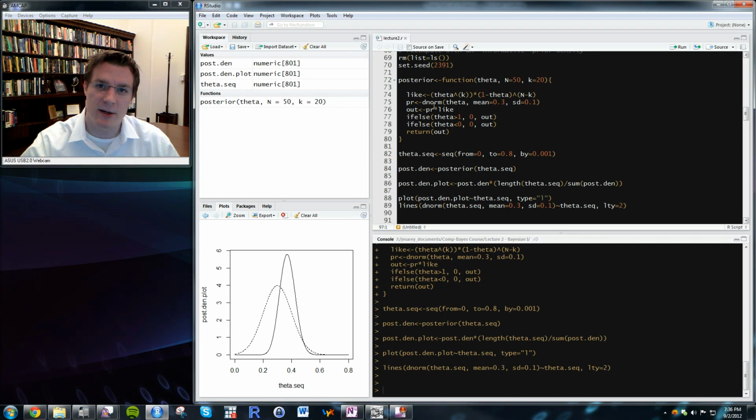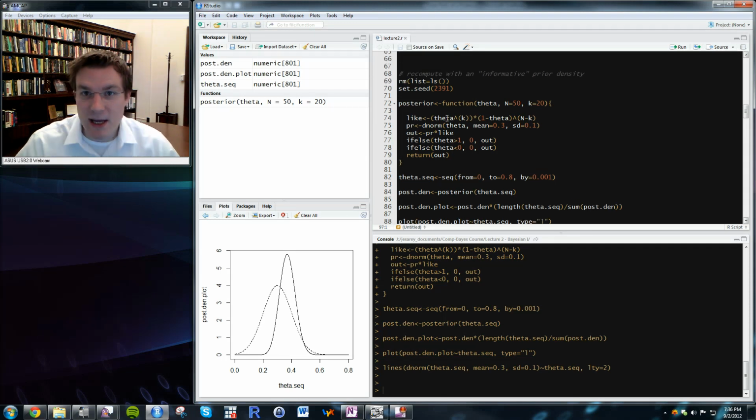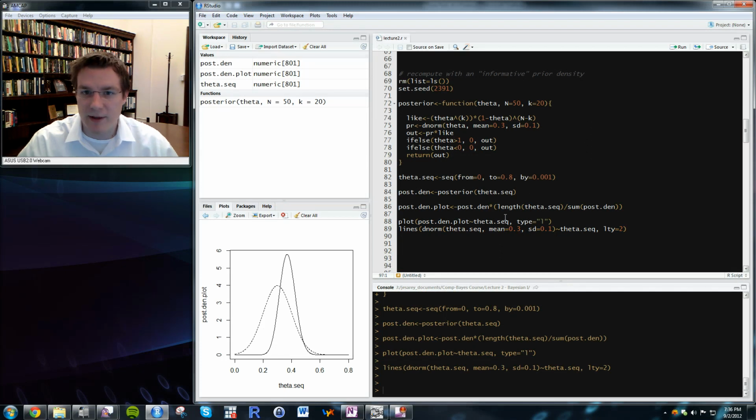And so I've just got this code here that I created for the example of coin flipping, and you can see the prior here is a normal density centered on theta with mean 0.3 and standard deviation 0.1.